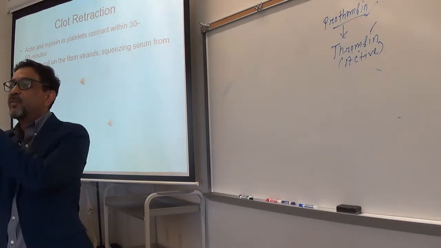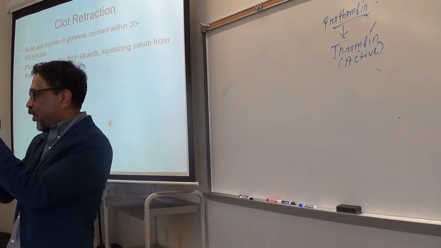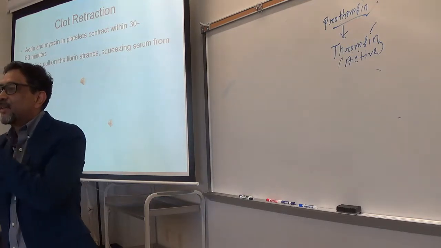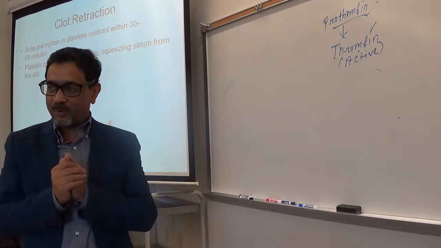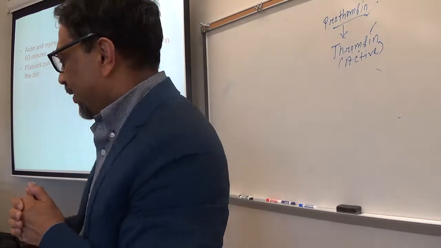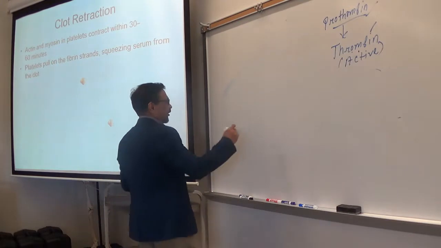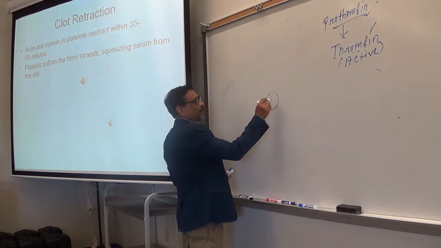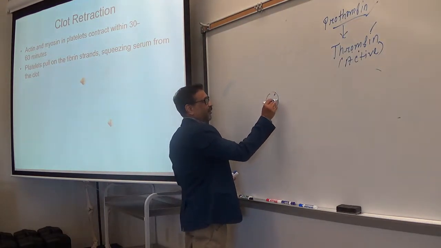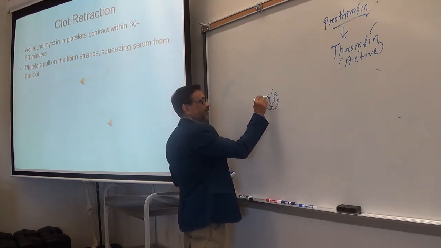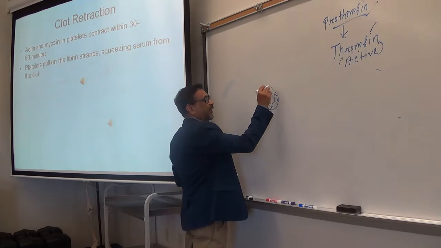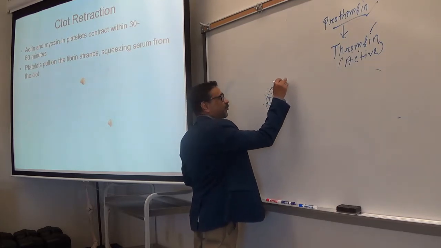The clot will squeeze, get smaller, and fluid will come out from the clot. So, clot retraction. So this is the clot, okay? It will get smaller, okay? And fluid will come out because it is a semi-solid structure. Fluid will come out. That fluid is called serum.